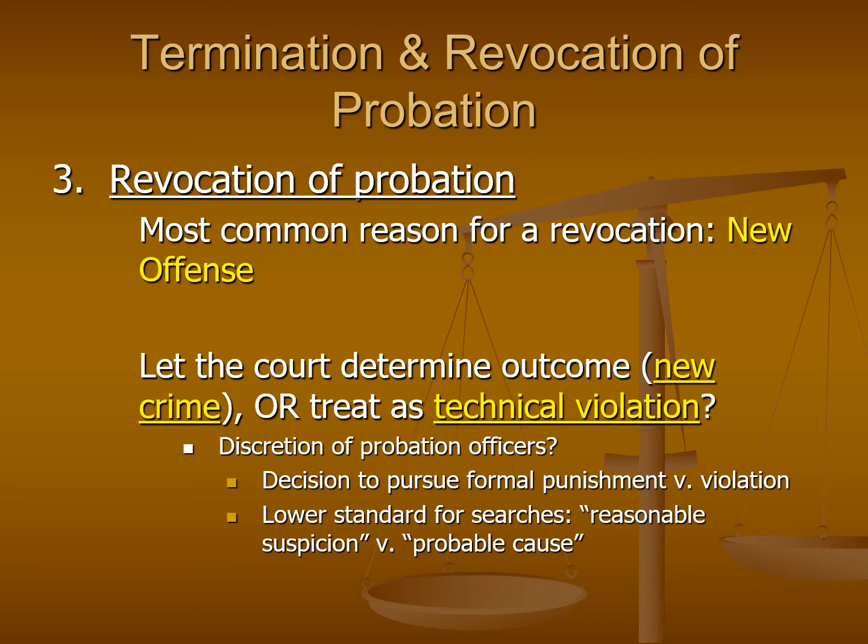However, it is much easier for a probation officer to obtain the evidence and reach a conclusion if they treat this suspected offense as a technical violation. In fact, the thresholds for search as well as for declaring guilt are much lower if the probation officer treats the suspected offense as a technical violation.